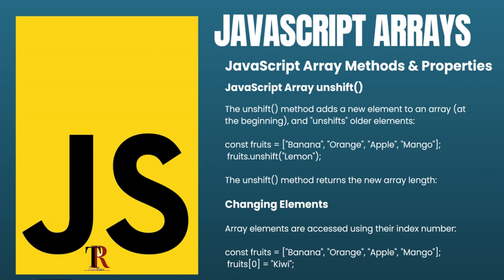Now, the shift method removes, but the unshift method instead adds. So that's the difference between the two. One removes at the beginning and the other adds at the beginning. We are going to be seeing examples in this particular lesson. So let's quickly take a look at an example.